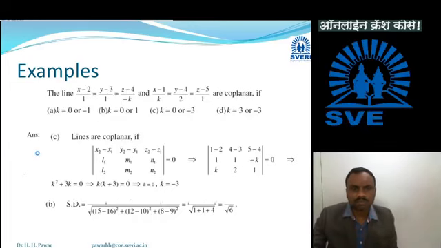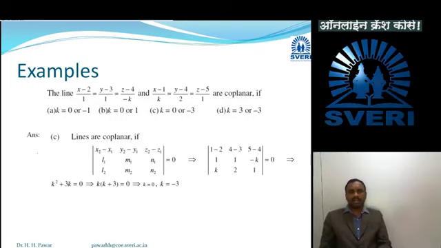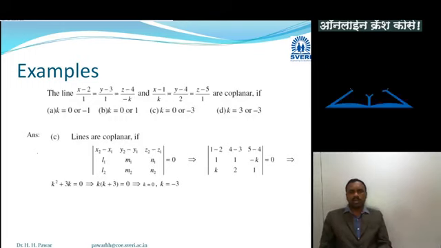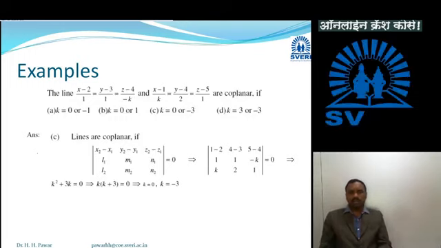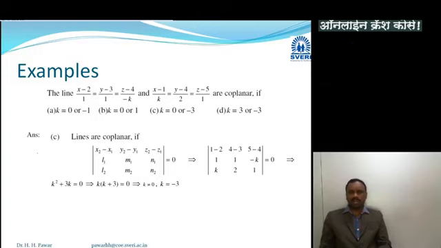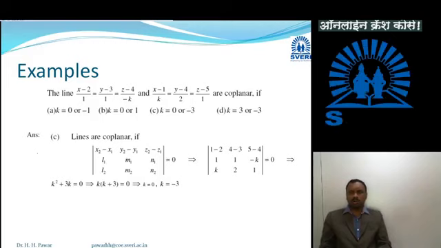Next one is the lines (x minus 2) upon 1, (y minus 3) upon 1, (z minus 4) upon minus k and (x minus 1) upon k equal to (y minus 4) upon 2 is equal to (z minus 5) upon 1 are coplanar if: first option is k equal to 0 or minus 1, second one is k equal to 0 or 1, third one is k equal to 0 or minus 3 and fourth one k equal to 3 or minus 3.